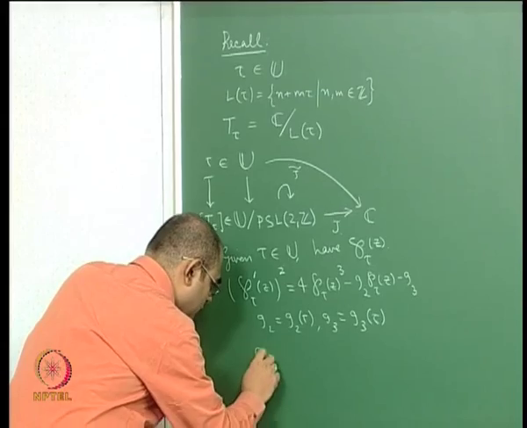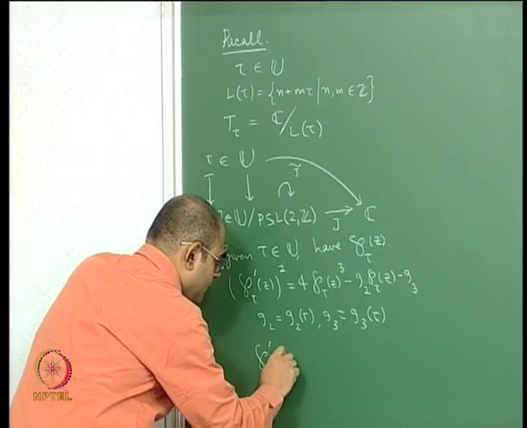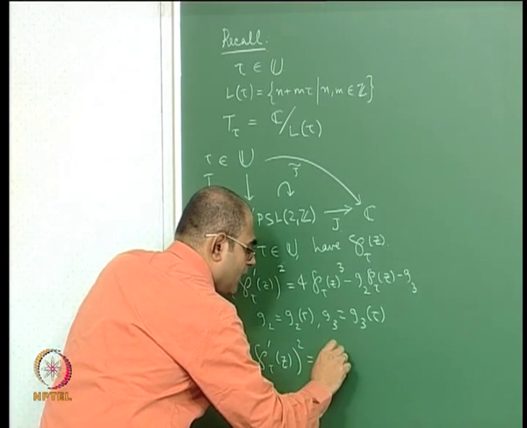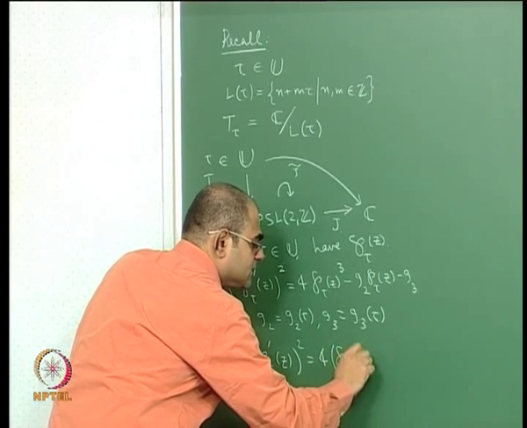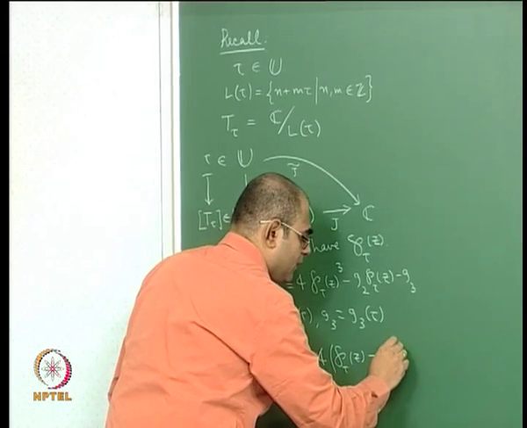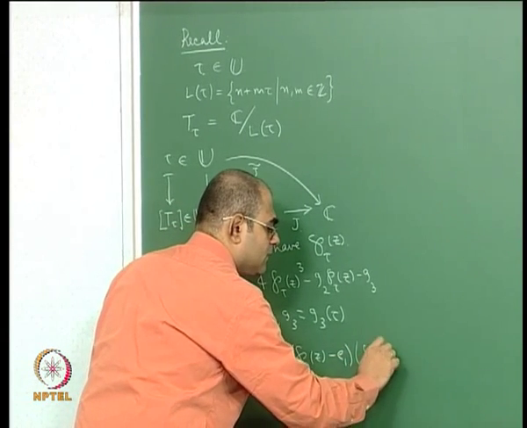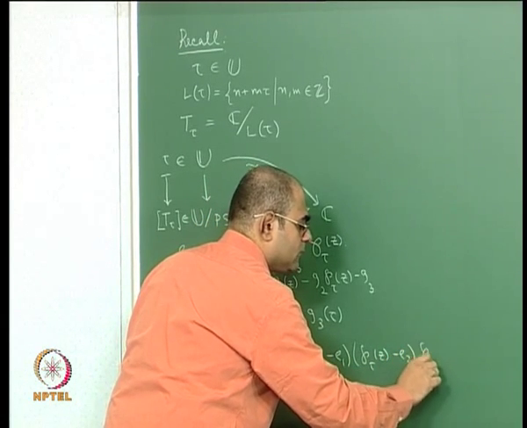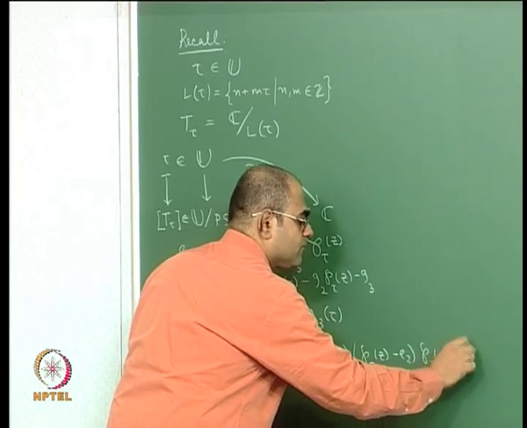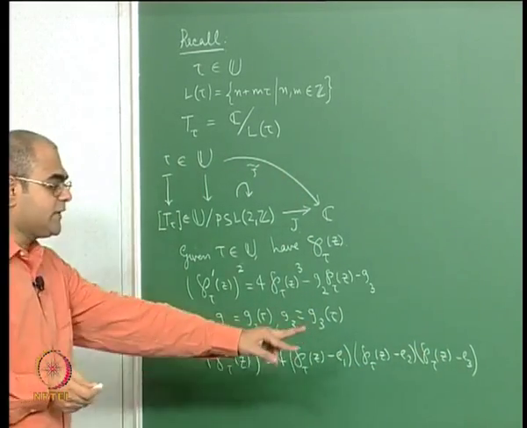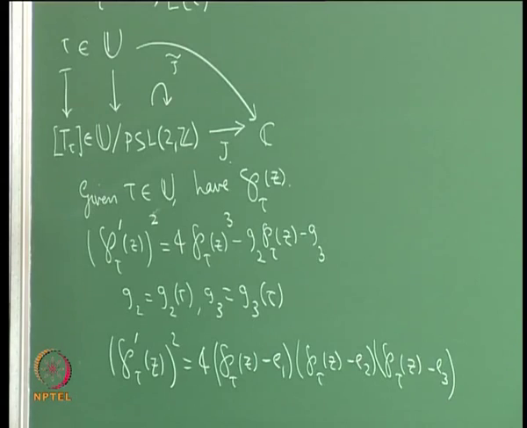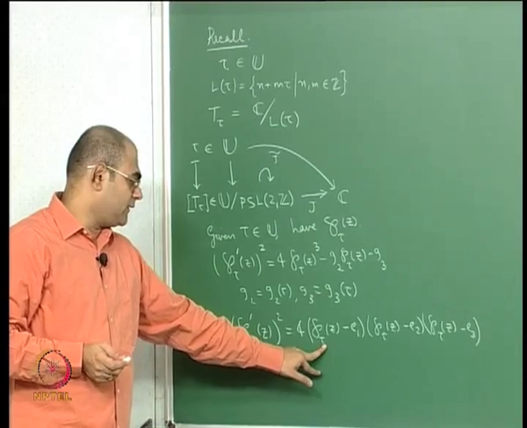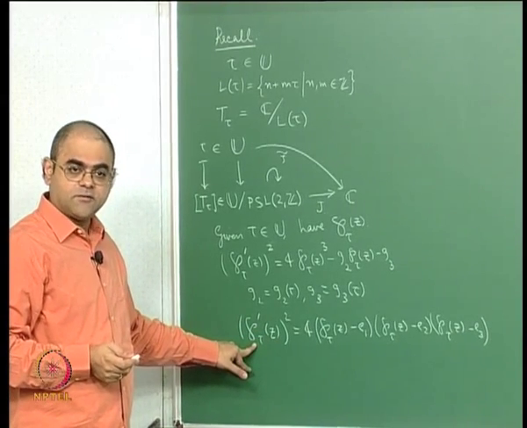We factorized it as follows: phi prime tau of z, the whole squared, is 4 times phi tau of z minus E1 into phi tau of z minus E2 into phi tau of z minus E3, where E1, E2, E3 are also dependent on tau, and they are the zeros of the derivative of the Weierstrass phi function.